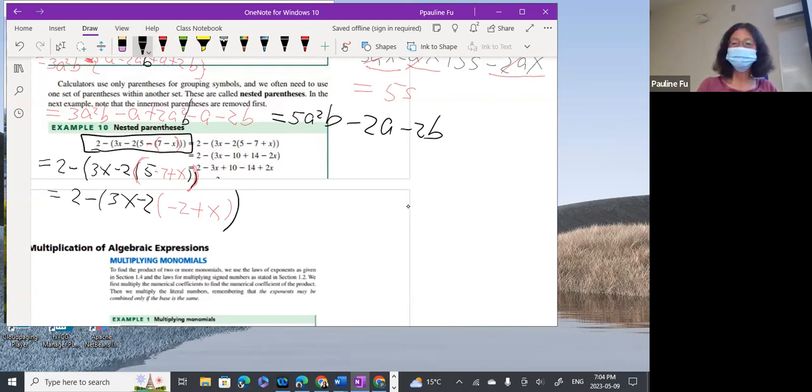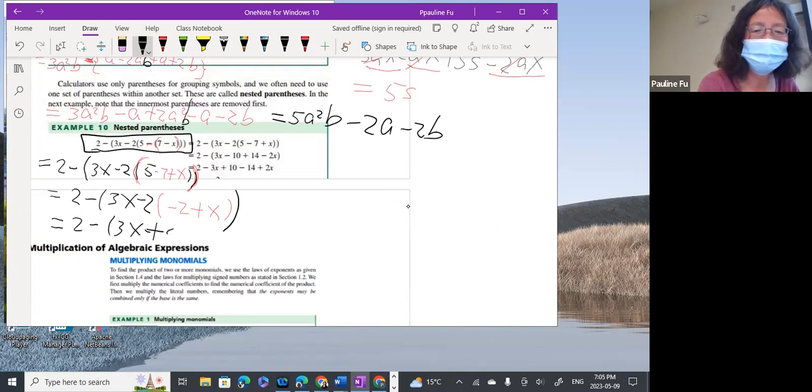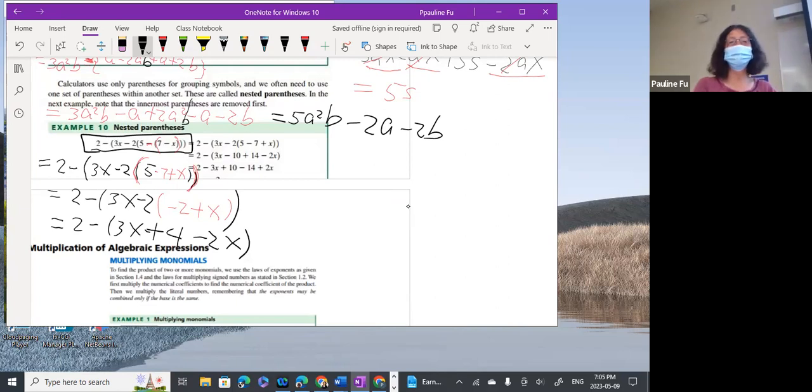Questions? Okay, next, copy down all the stuff. This time, take away the red bracket. So it becomes +4, -2x. I take away the bracket.